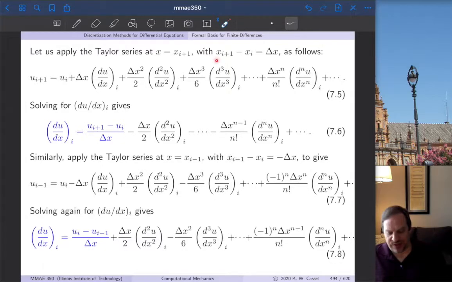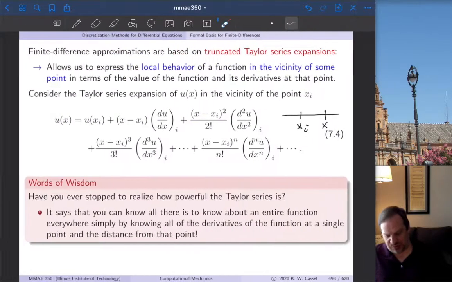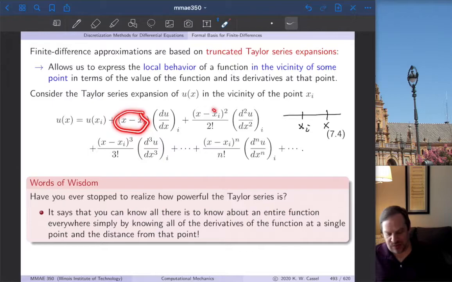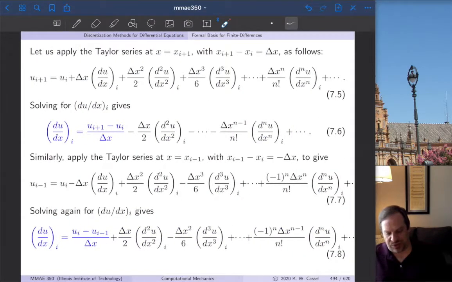And so now x_{i+1} minus x_i, which remember we see in every one of these terms, we'll denote by delta x. So I'm going to substitute in delta x for each of those x_{i+1} minus x_i's. You see those here. And then now, where I had u of x, it's now going to be u of x_{i+1}.